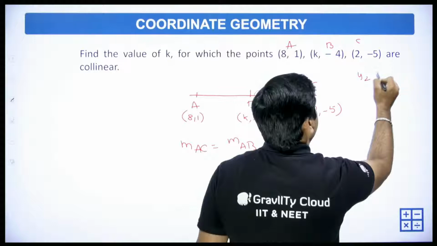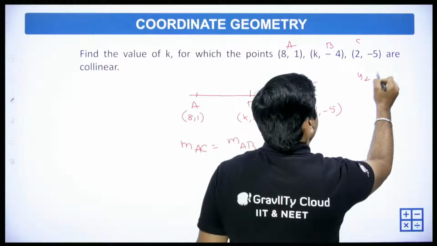The slope of the line joining 2 points is y2 minus y1 by x2 minus x1. So let's say about AC, x1 y1, x2 y2: y2 minus y1 is minus 5 minus 1, by x2 minus x1, 2 minus 8. That is the slope of AC, and it should be equal to the slope of AB.